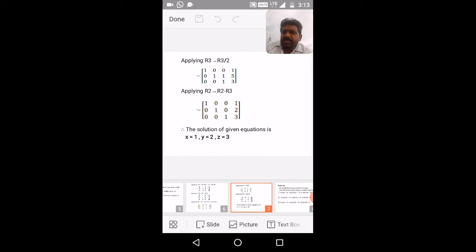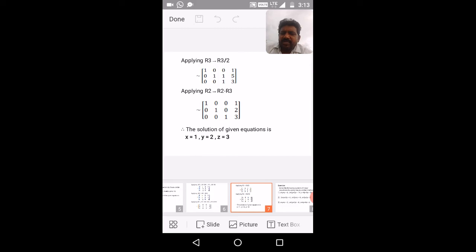Therefore simply subtract R3 from R2. Apply the row operation R2 as R2 minus R3. No need to change the first row, keep it the same. So 1 0 0 1, 0 minus 0 is 0, 1 minus 0 is 1, 1 minus 1 is 0, 5 minus 3 is 2, and no need to change the third row also, so 0 0 1 3.